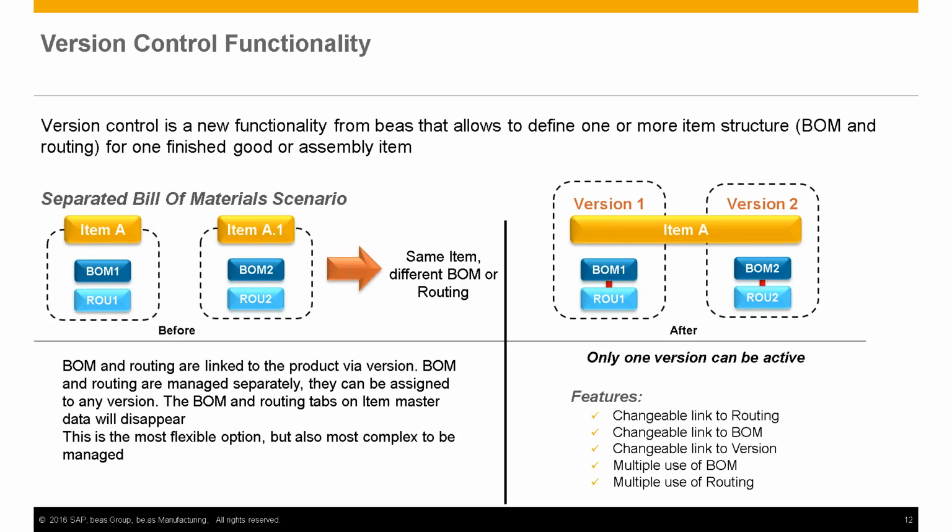What you're going to do is have two versions for the same item, and in the version you can assign exactly the bill of material. This bill of material is going to be created differently, as you only assign the raw materials to the finished good. Why is that? Because when you create this scenario, the bill of material and routing labels on the master data will disappear.